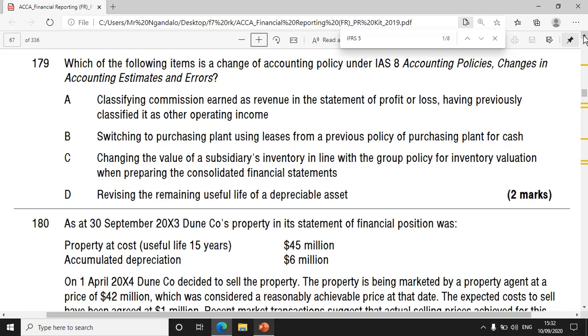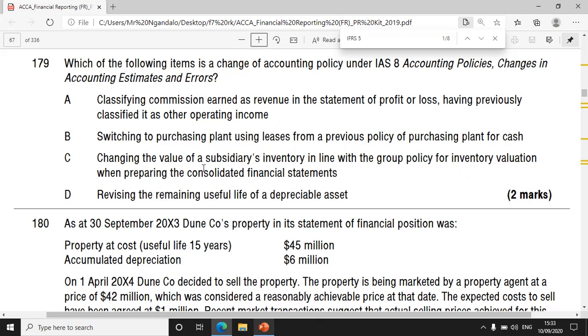179, which of the following items is a change of accounting policy under IAS 8 accounting policies, change in accounting estimates and errors? A, classifying commission earned as revenue in the statement of profit or loss, having previously classified it as operating income. Of course, this is going to change your gross profit as well as your total income. I think this one we take.